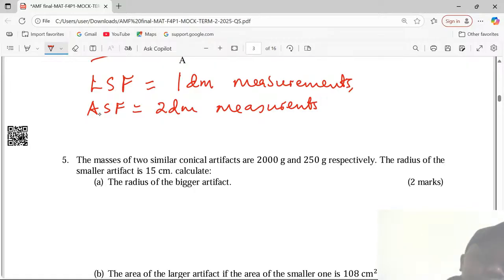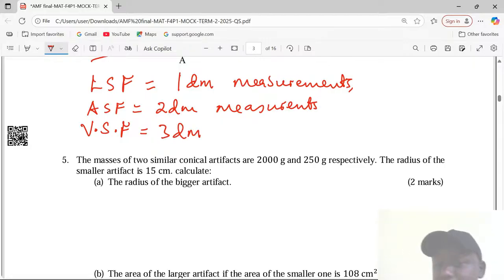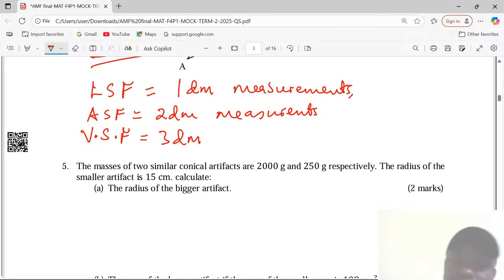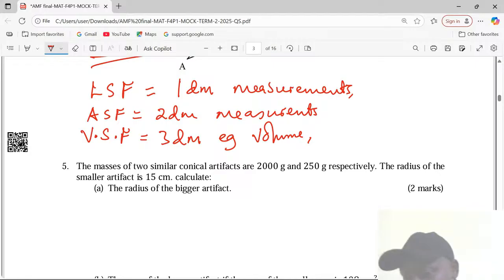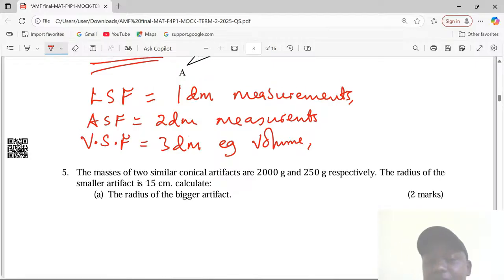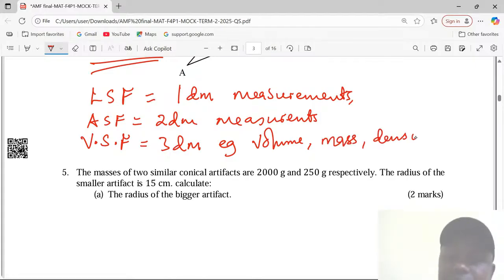Then there is volume scale factor. This one is for three-dimensional measurements, and they include the volume itself. For you to get volume scale factor, you're supposed to relate three-dimensional measurements: volume, mass, density, capacity.